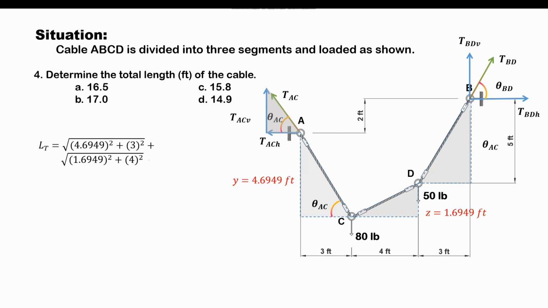This term represents the length of segment CD, plus 5 squared plus 3 squared, and take the square root, that would be the length of segment BD. If we perform the operations here, we will get the total length of cable to be 15.7468. So from the given choices, our answer would be C, and that would be the closest to what we've yielded.